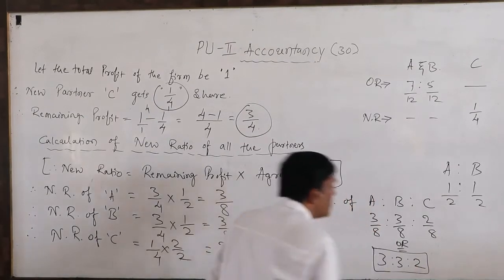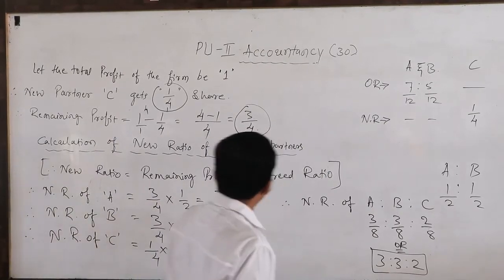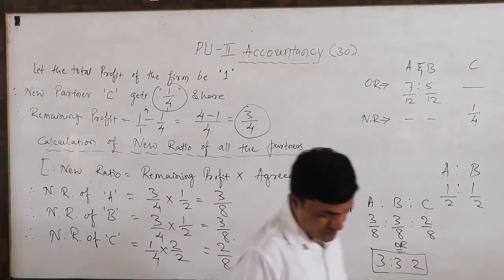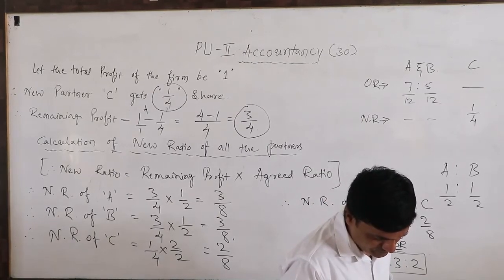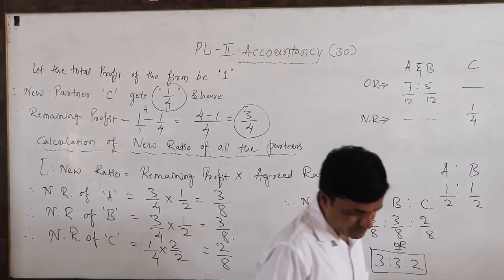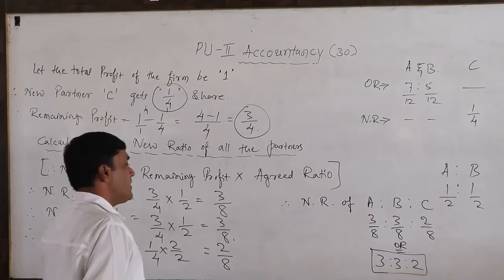This is the method for ascertaining the new ratio under the first circumstance, dear students. The new ratio is 3 is to 3 is to 2.